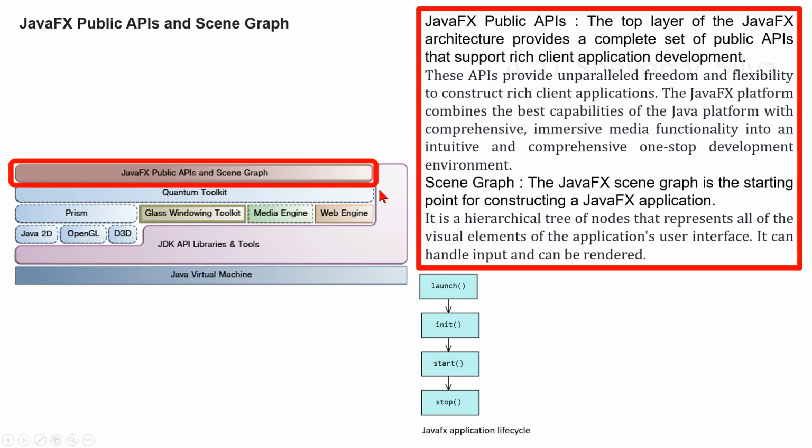JavaFX public APIs, the top layer of the JavaFX architecture, provide a complete set of public APIs that support rich client application development. These APIs provide unparalleled freedom and flexibility to construct rich client applications.